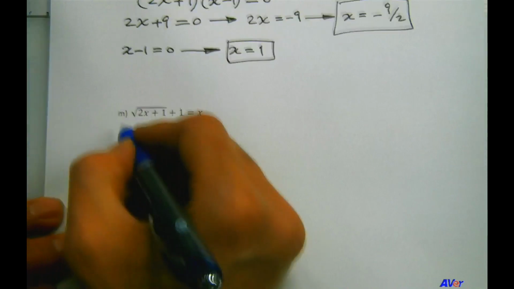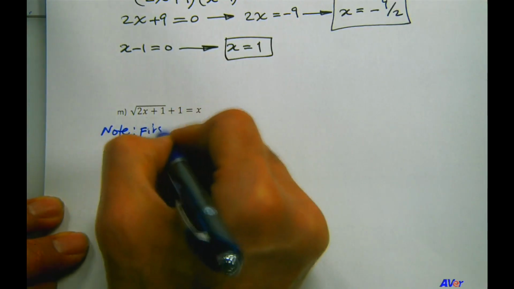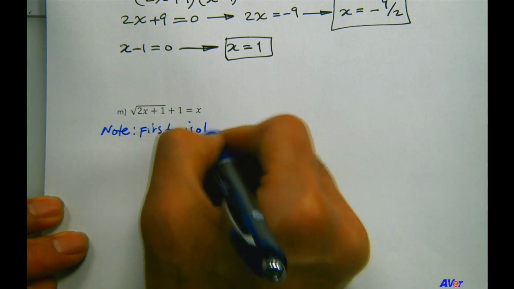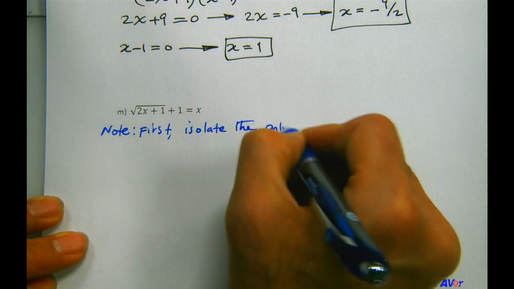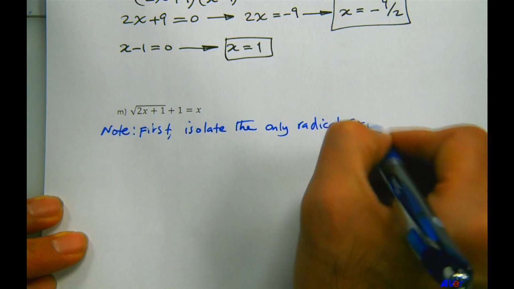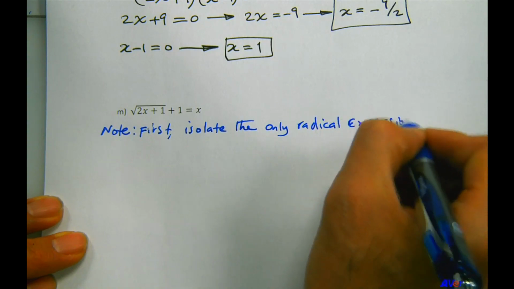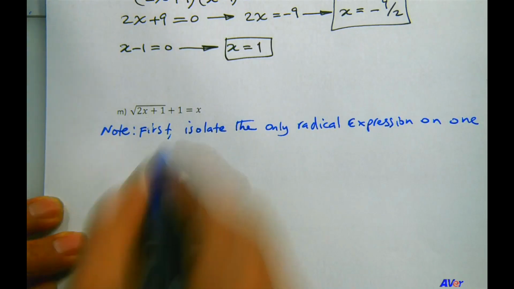So note: isolate the only radical expression on one side of the equation.